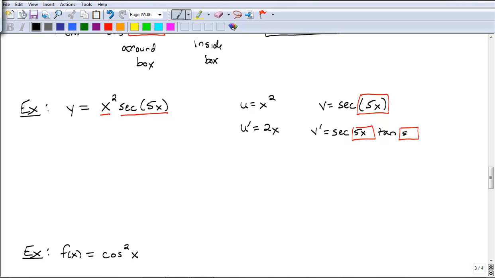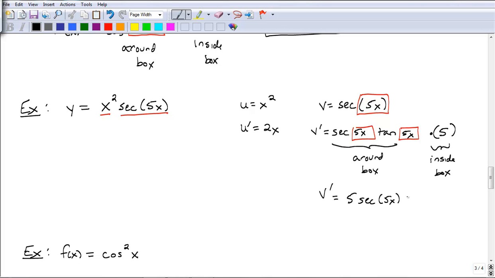So I get secant 5x, tangent 5x. This is around the box. Now I have to multiply that by the derivative inside the box. The derivative of 5x is just 5. So I get that my derivative for v prime is 5 secant 5x tangent 5x.